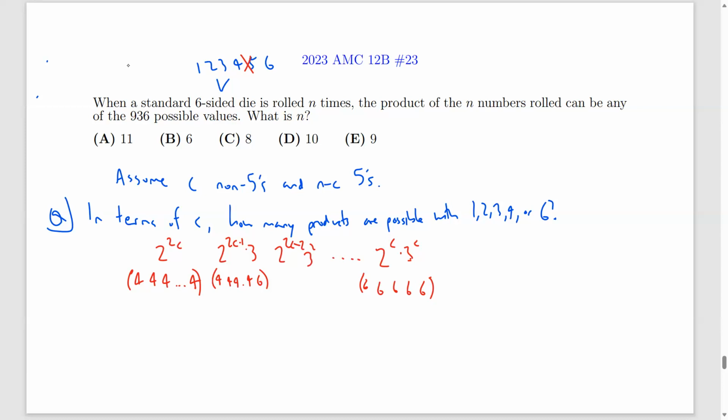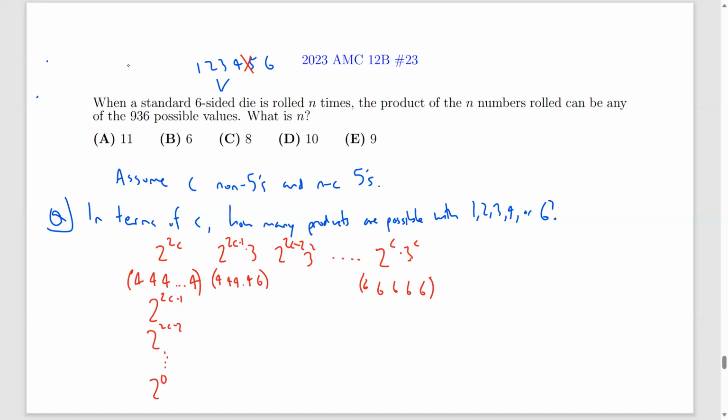Next, we observe that if a 4 is replaced with a 2, or a 6 is replaced with a 3, then I can obtain any of the above products divided by a power of 2. So in other words, I can obtain the numbers 2 to the 2C minus 1, 2 to the 2C minus 2, all the way up to 2 to the 0.